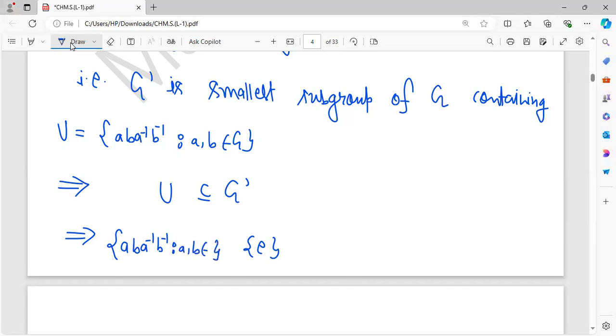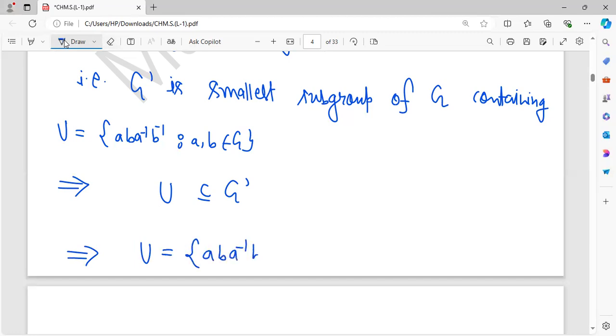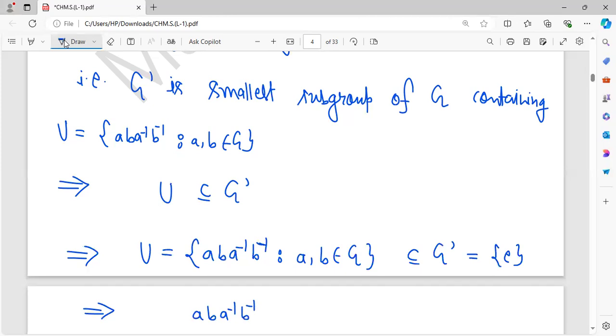a, b belongs to G. Okay. So this implies U is nothing but a inverse b inverse, such that a, b belongs to G, but it is contained in G dash, and G dash is the identity element. So this implies a inverse b inverse is the identity element, because G dash contains only one element.